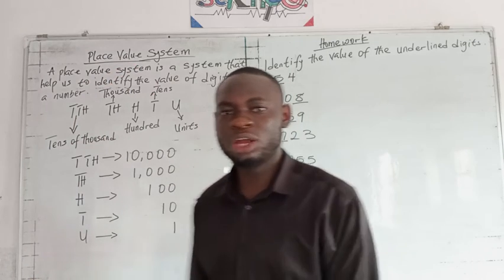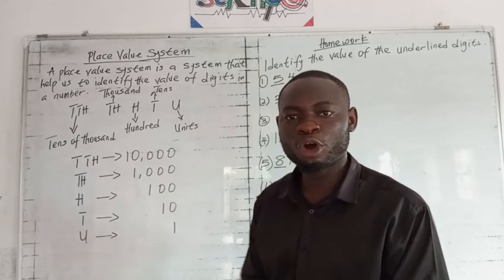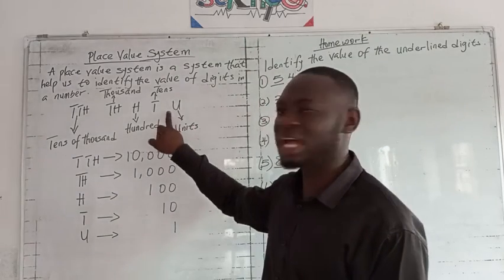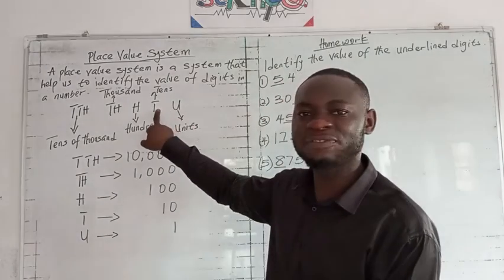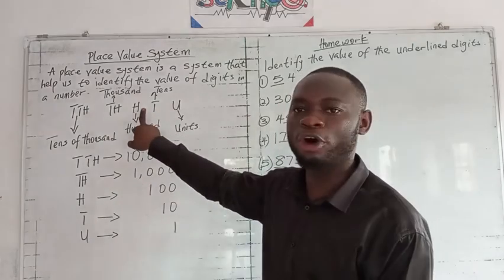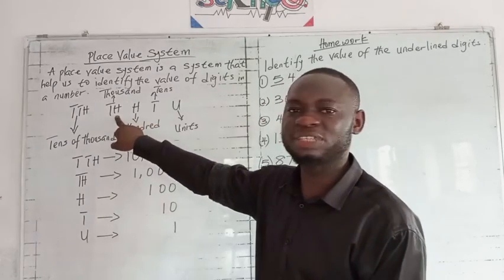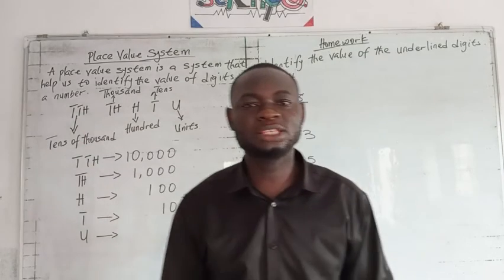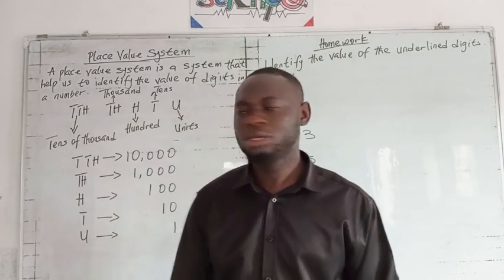And today we are looking at place value system from unit to tens of thousand. U stands for units, T stands for tens, H stands for hundreds, TH stands for thousands, TTH stands for tens of thousand.